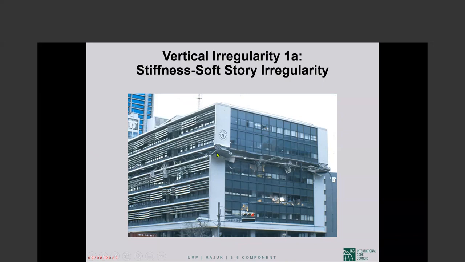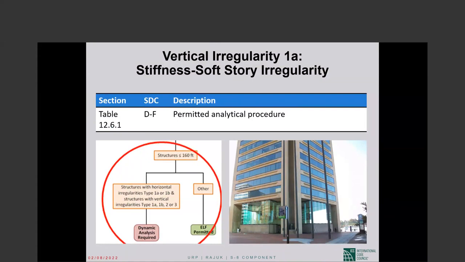The remainder of the building was not too bad. The building above was not in too bad a shape, but that level pancaked. The interesting thing is the Japanese decided that they would simply remove the building above that level and live with a shorter building. That they felt was the most cost-effective solution to the problem that had been created, which is very interesting, and I have never come across that anywhere else.